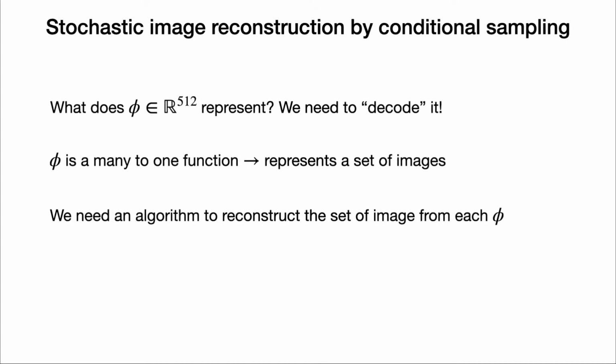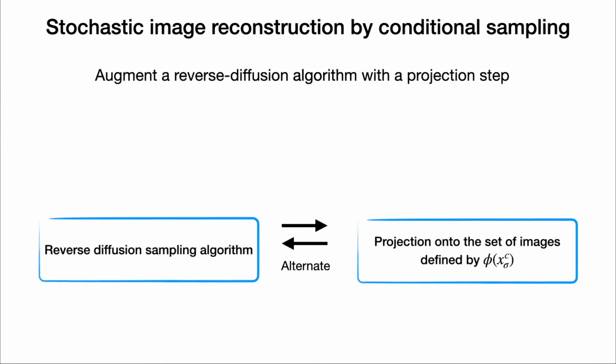Okay, so now we can basically use this representation to guide our sampling process, in order to understand what is really captured in the bottleneck in a more precise way. So we are going to self-guide the sampling process. We are going to add a type of step to the sampling algorithm.